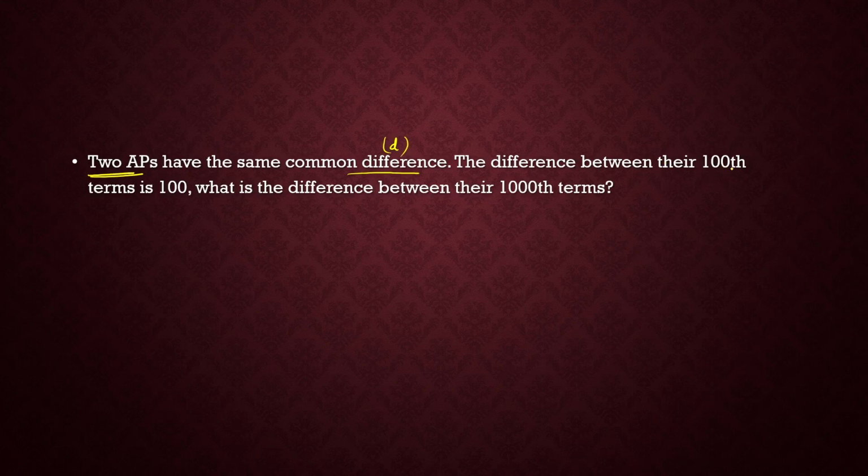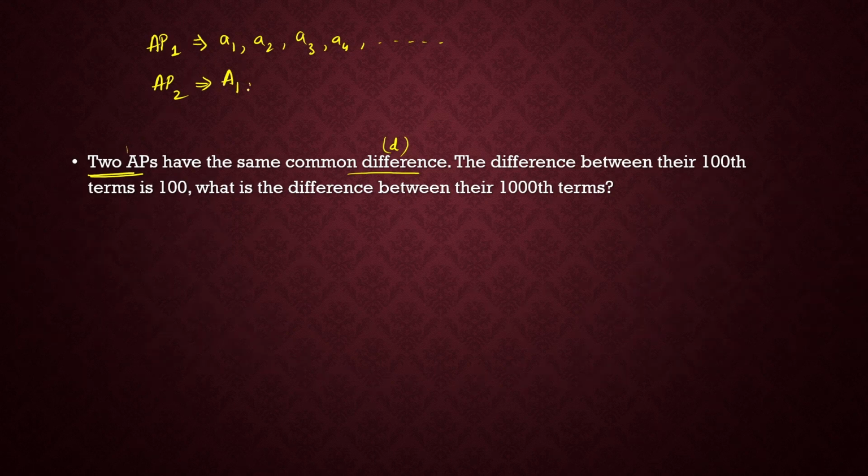The difference between their 100th term is 100. So let me consider the first AP as AP1. So let it be a1, a2, a3, a4. It goes on, okay? And the second AP, I'll consider it this way. Because the numbers are not the same, it's two different APs.